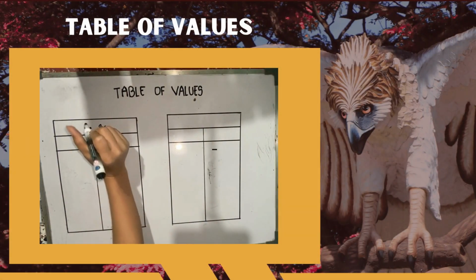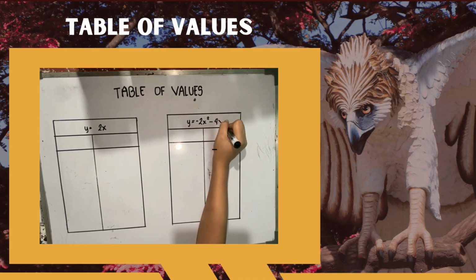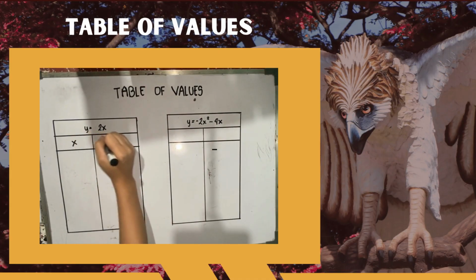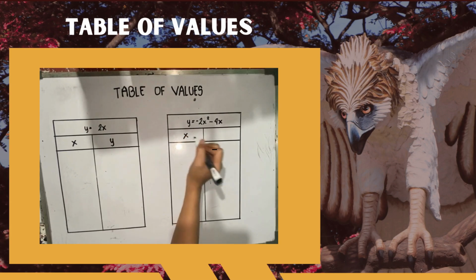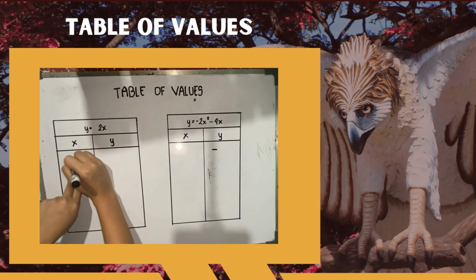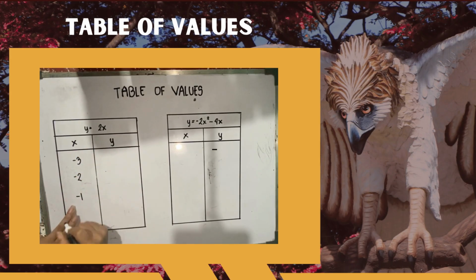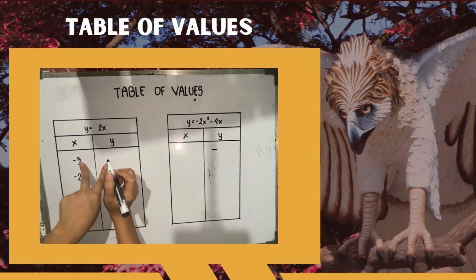For our first table, we have y equals 2x. For our second table, we have y equals negative 2x squared minus 4x. First table, we have x and y. Second, x and y. Then for our x, we have negative 3, negative 2, negative 1, 0.